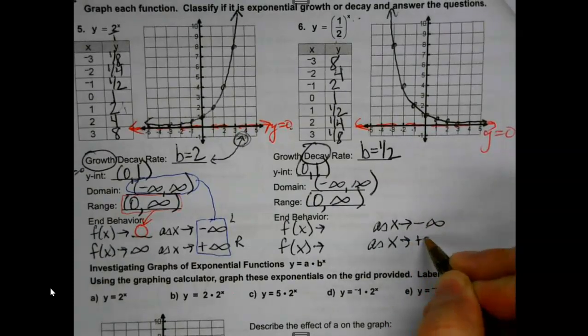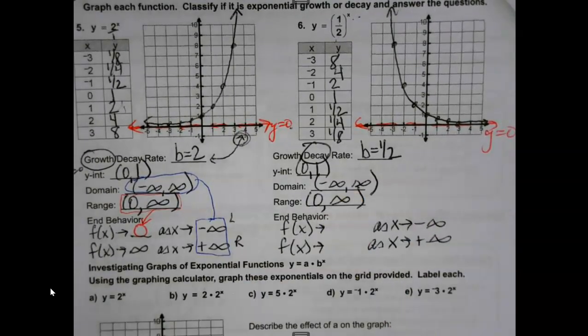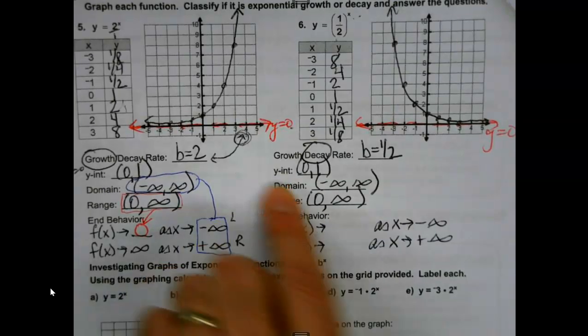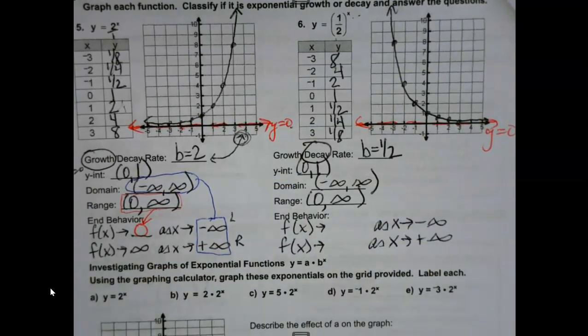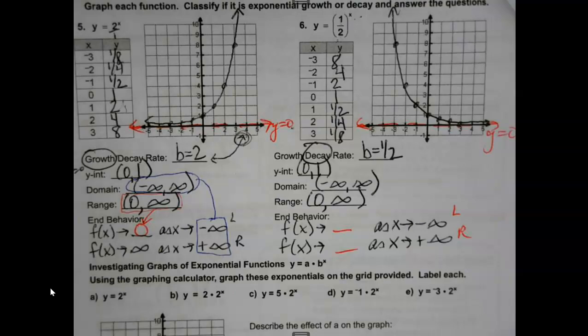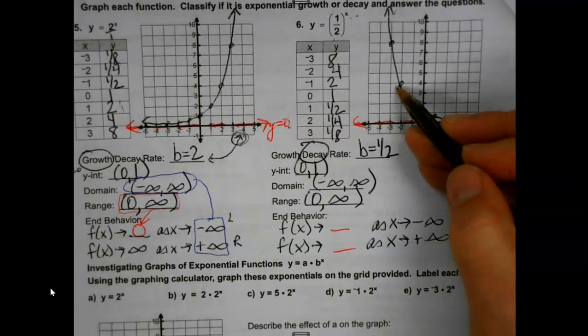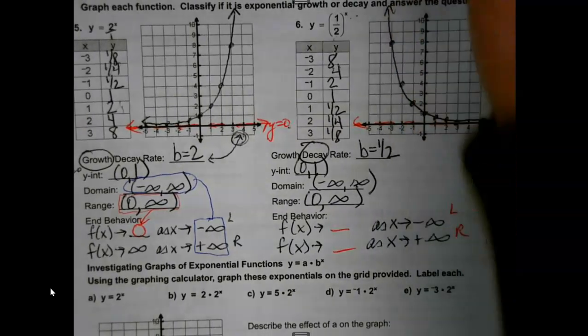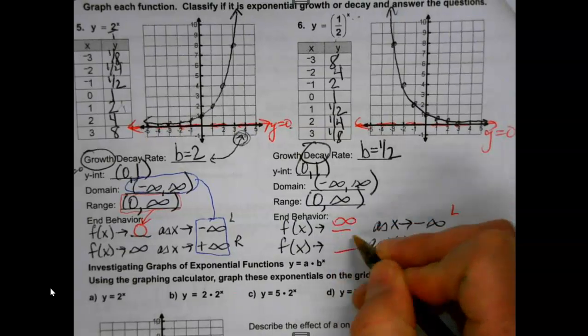I mean, the x part's still my freebie square because they just match up, x's and x's. But this time with my range, as I'm going to the left, I'm going up forever to positive infinity.